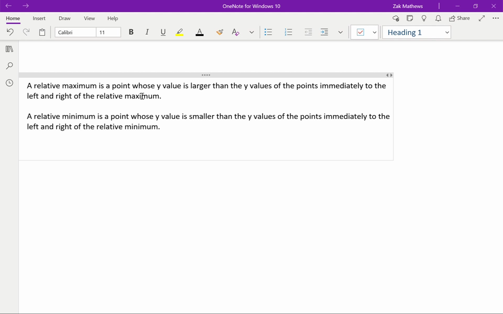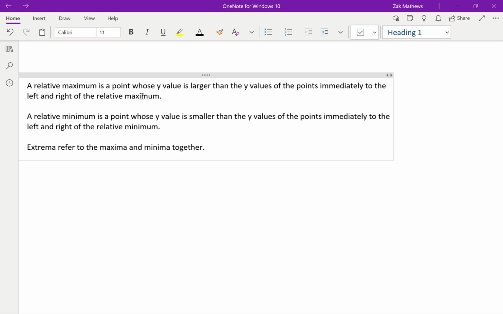So remember I started off by saying we're going to talk about extrema. Extrema refer to the maxima and minima together. Maxima, plural of maximum; minima, plural of minimum. Extrema are just talking about both of these things, referring to all of them as a group.